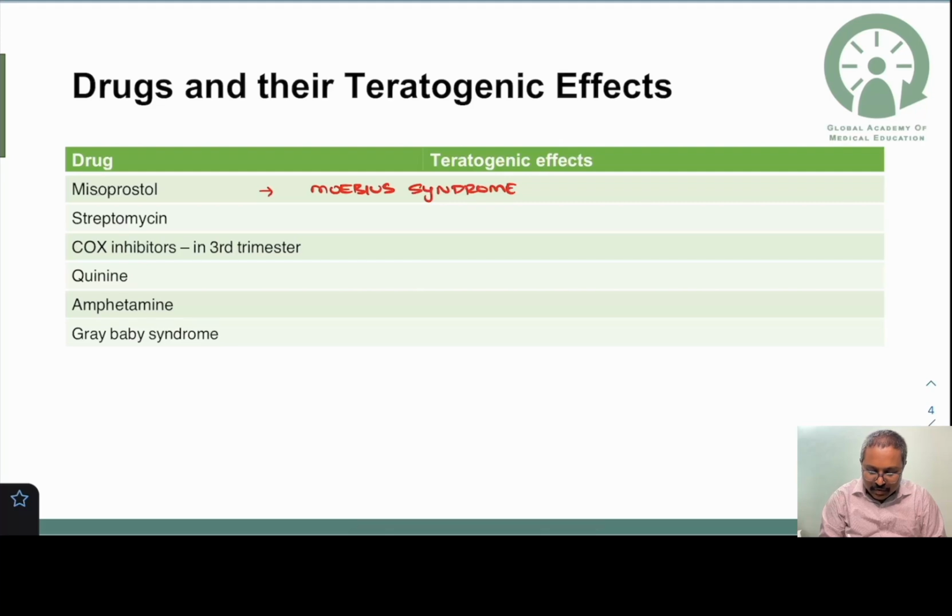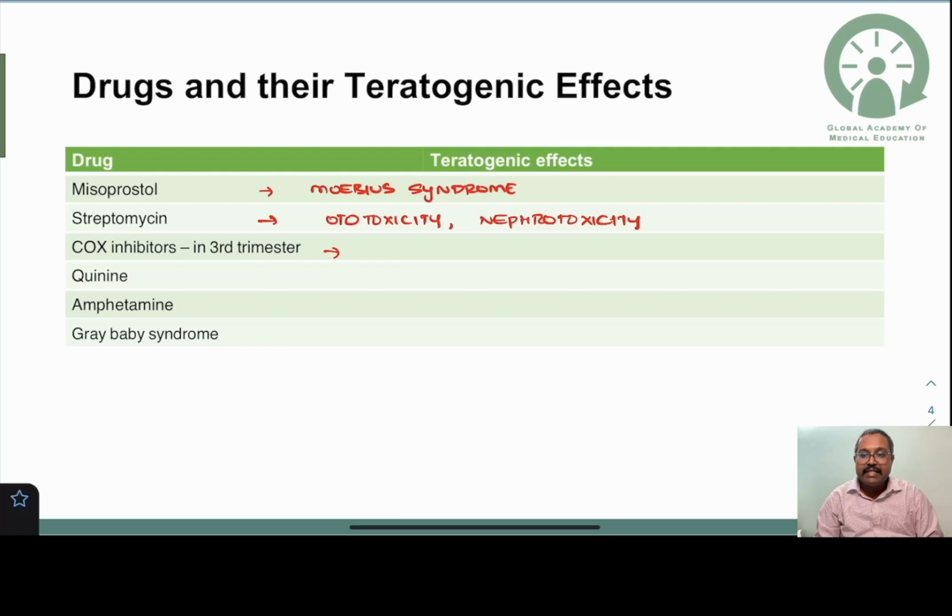So what about streptomycin? Please remember, streptomycin is an aminoglycoside. They are more prone to ototoxicity and nephrotoxicity. What about the COX inhibitors?